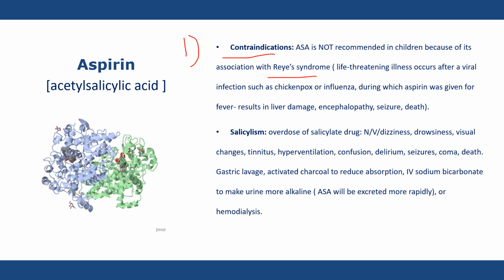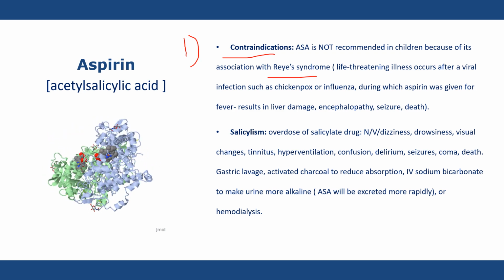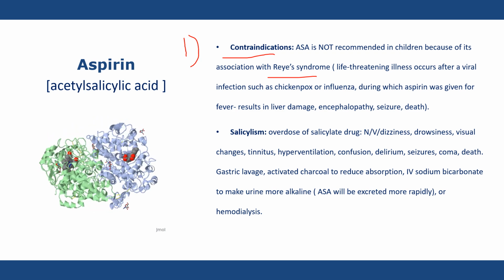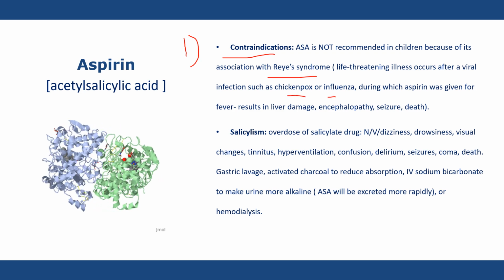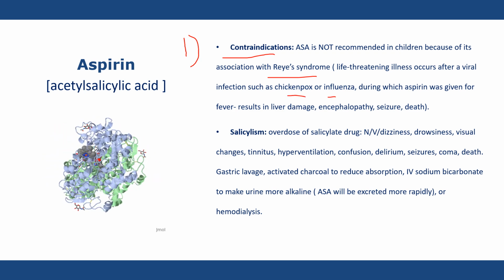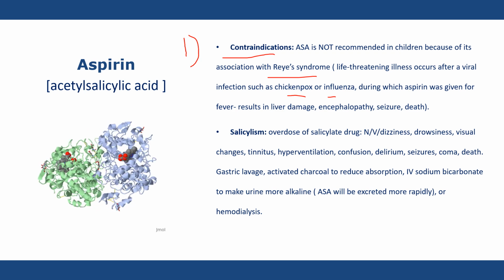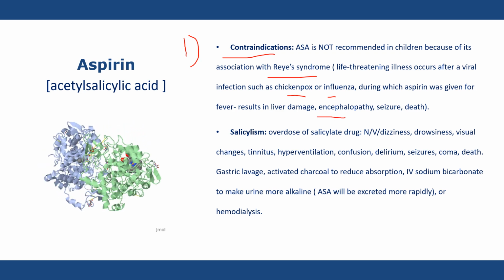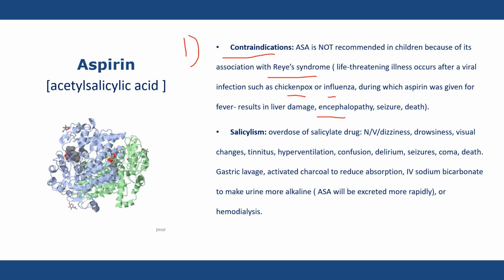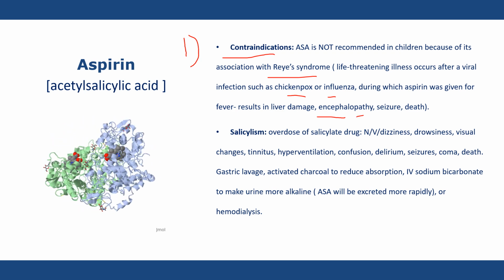So what happens is when you have a child who had a recent viral infection, let's say like chickenpox or flu, and then the child ends up taking aspirin, we can damage their liver and can have brain damage as well. Encephalopathy: encephalo means brain, and pathy means abnormal, right?